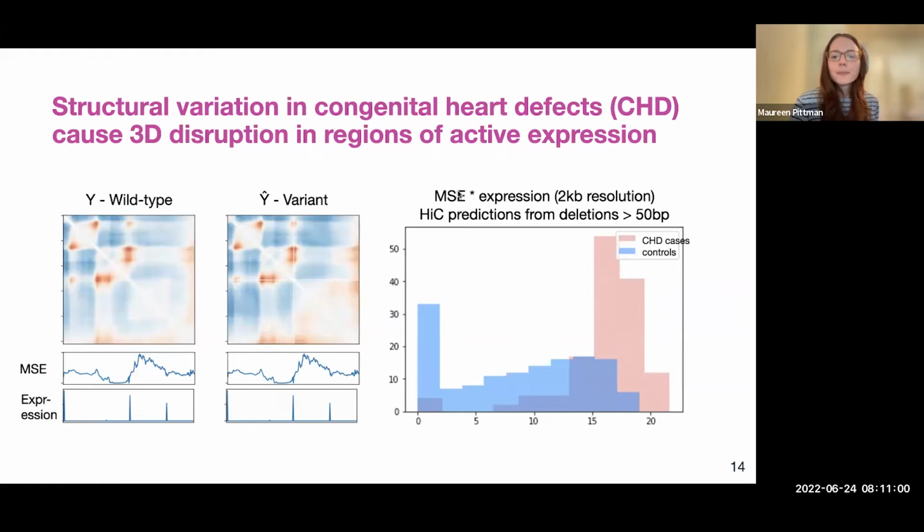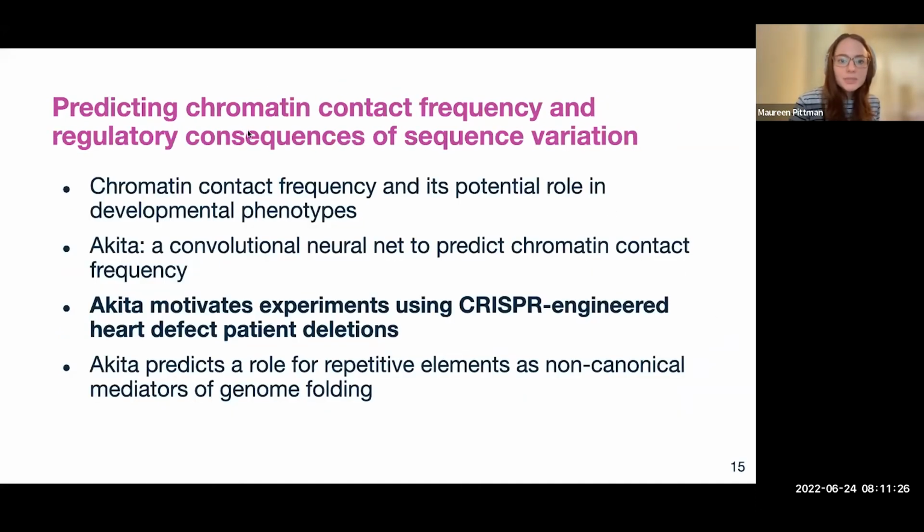The CHD cases have variants in places that are causing more disruption than the controls. So this again led us to believe that this is possibly an important feature in congenital heart defects. It's not necessarily a common cause, but could potentially explain some cryptic cases.